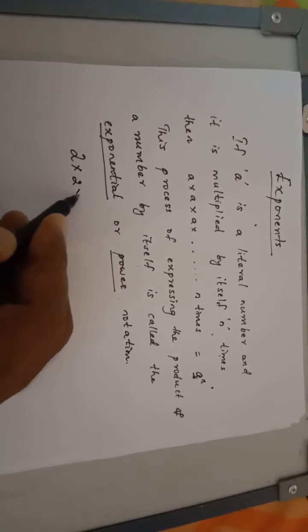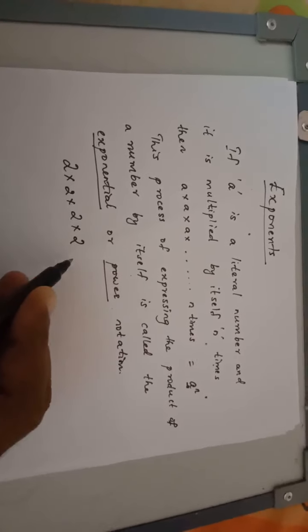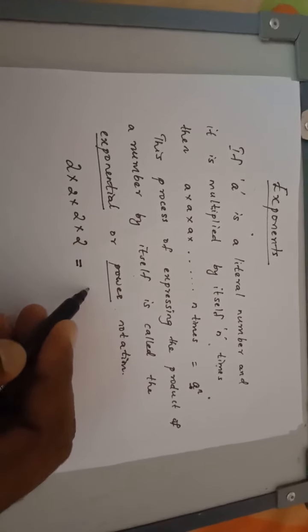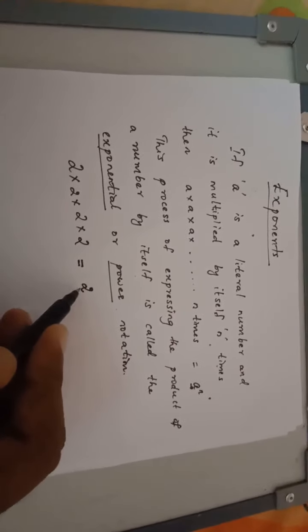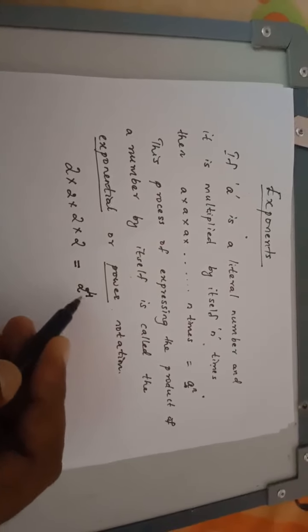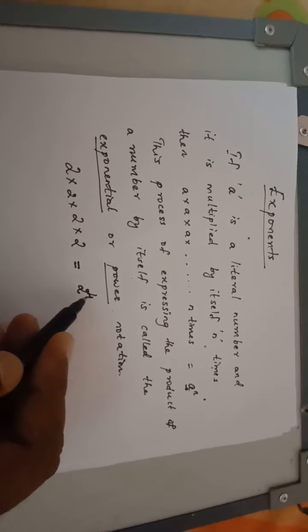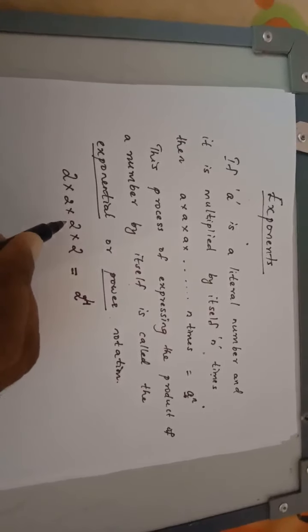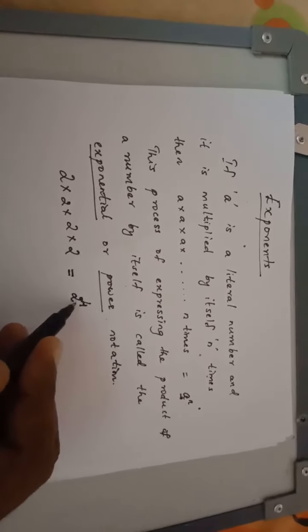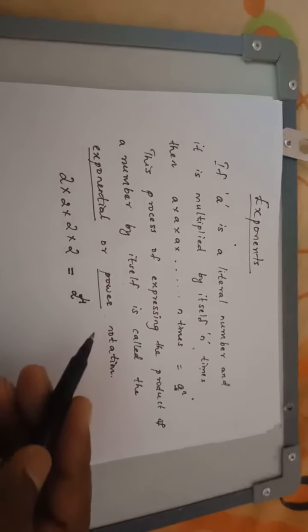For example, if 2 is multiplied 4 times, 2 multiplied by 2 multiplied by 2 multiplied by 2, we can write it in another form. 2 will be written as the base to the power 4, with 4 written on the top right corner. So 2 to the power 4 is the exponential form of 2 multiplied by 2 multiplied by 2 multiplied by 2, where 2 is the base and 4 is the power or exponent or index.